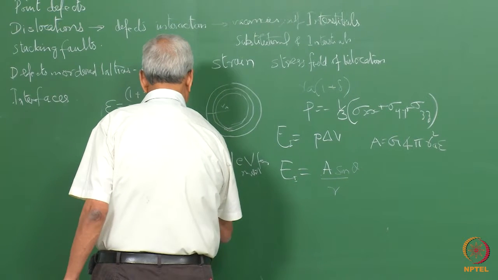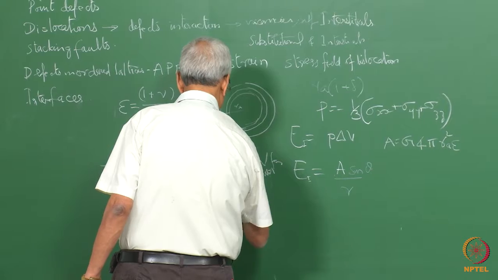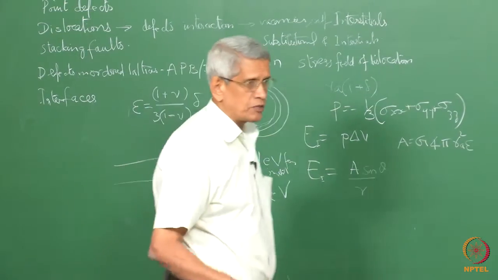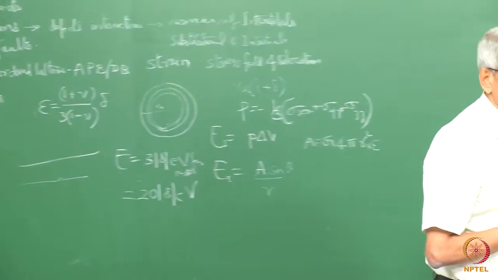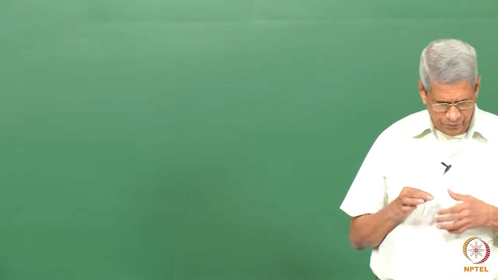In the case of semiconductors, it is some 20 times delta electron volt. This is what the energy is, according to values which calculations have shown.